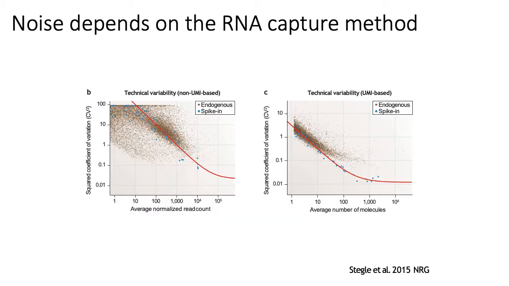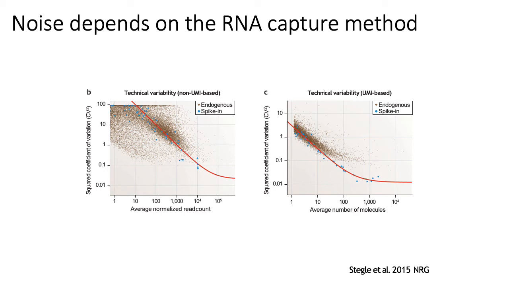What's also important to note is that the amount of noise in your expression measurements depends a lot on how you capture those RNAs. For example, for UMI-based methods, like most of the droplet-based methods, you can see a relatively low amount of noise. The y-axis here, the squared coefficient of variation, is yet another measure of variability in expression.